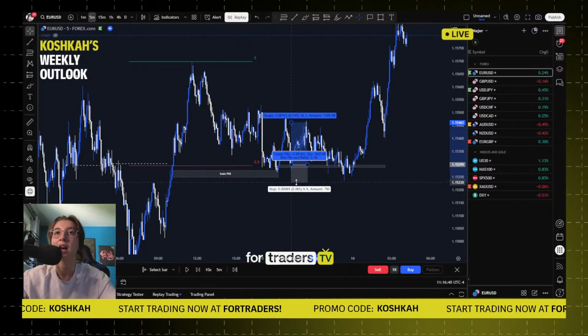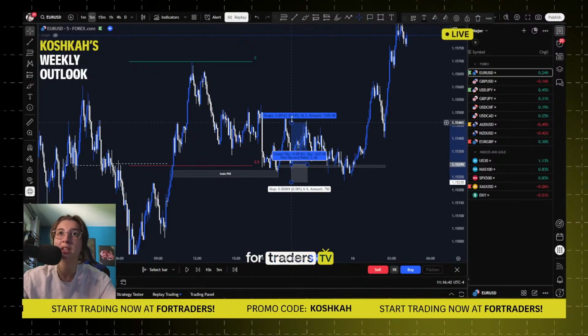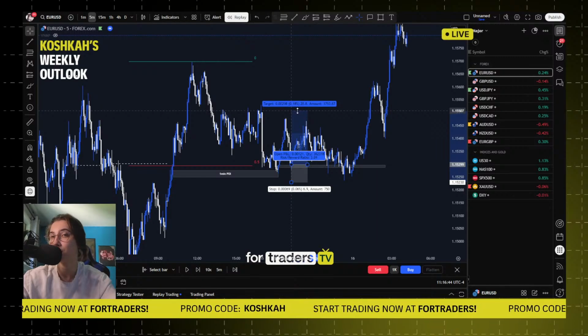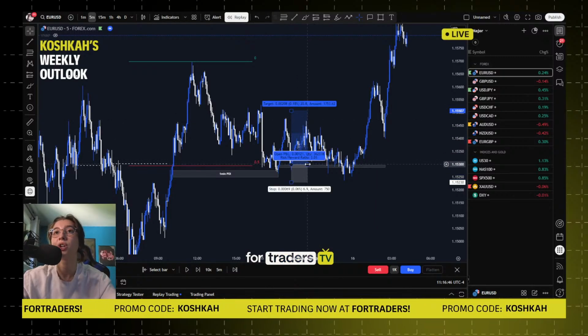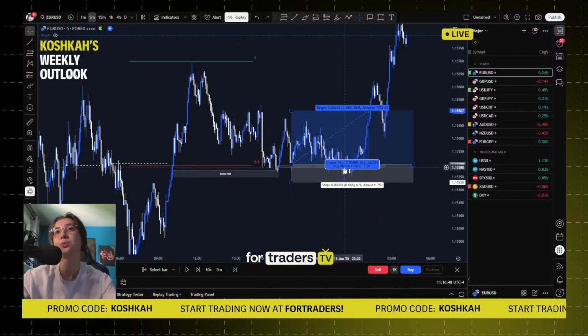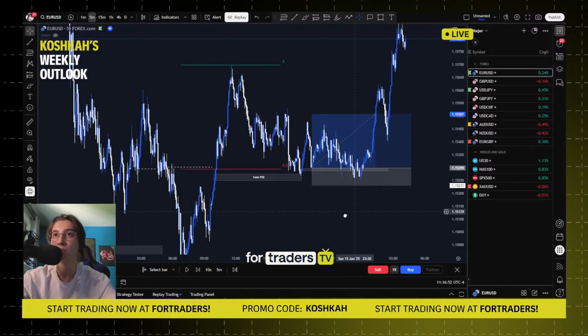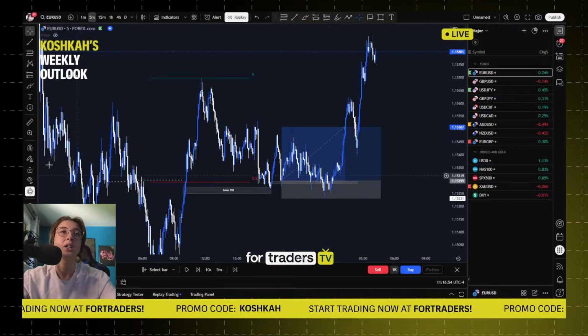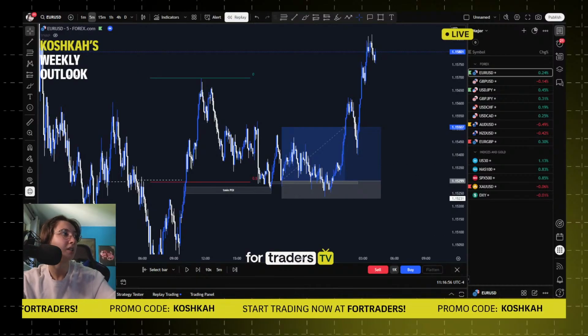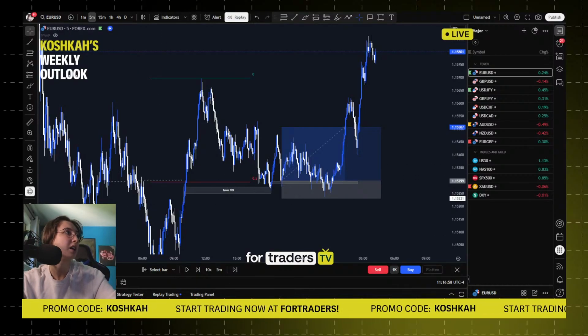Some people, like I said, had a bigger stop, so this means that their 1:3 never got hit at first. Price came back into the entry once again, and this is when price finally left afterwards. So I can show you the exact entry, because this is the exact entry that some people caught in the group.